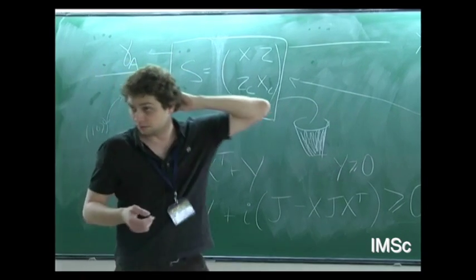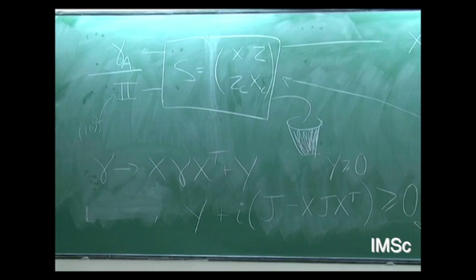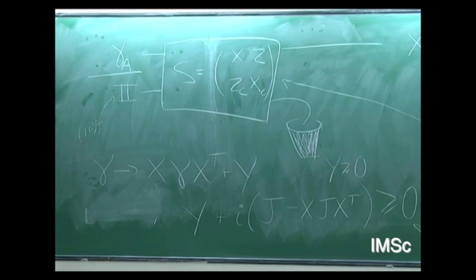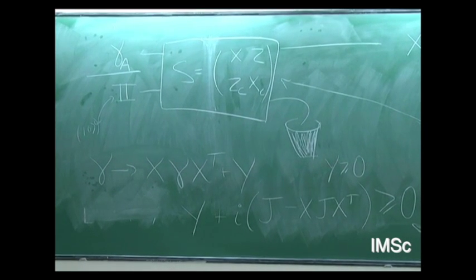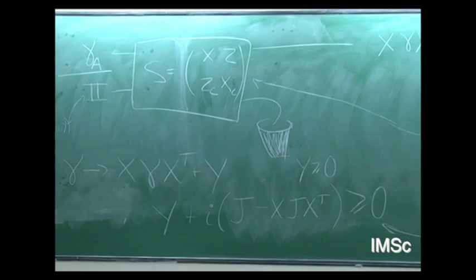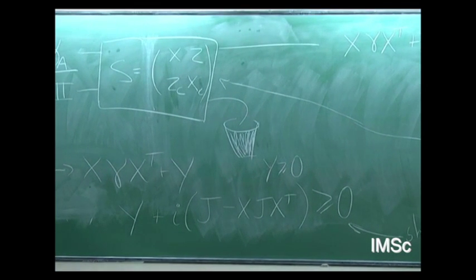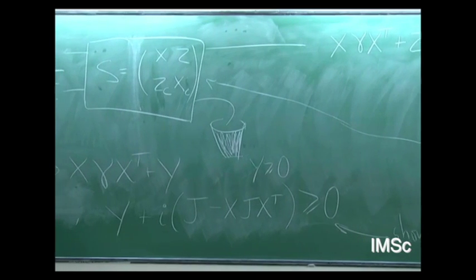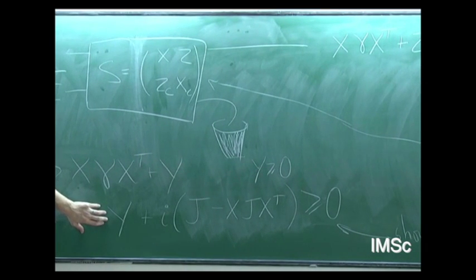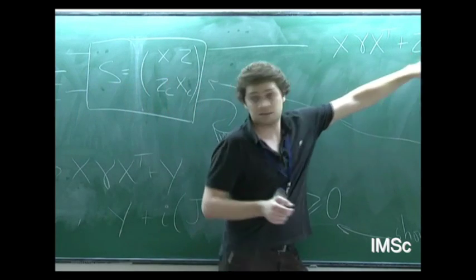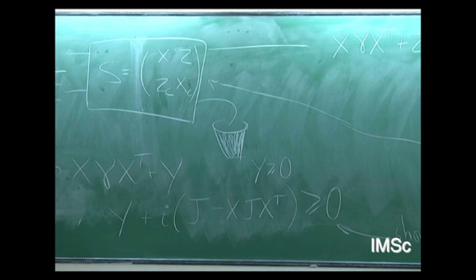So if I look at that, then y plus i times j minus x j x transpose doesn't look like ZZ dagger. No, the y is going to be like ZZ dagger. It's the y which is there. Yeah, right. See, this and that are exactly the same, except I took Z dagger.